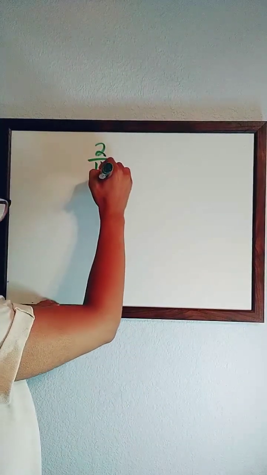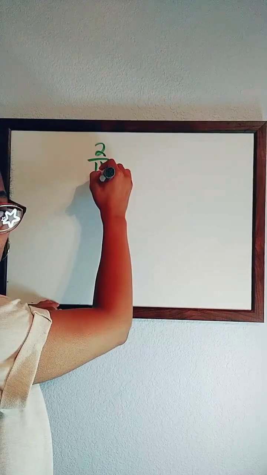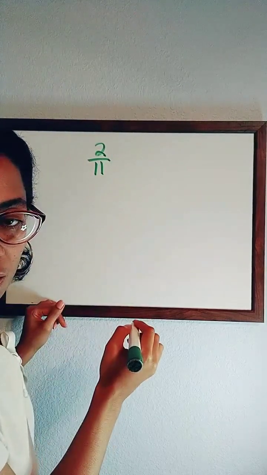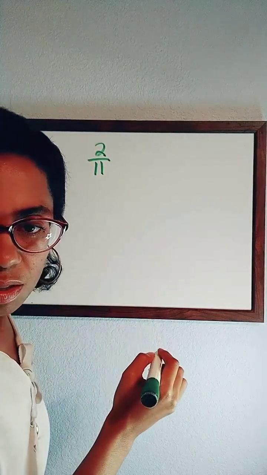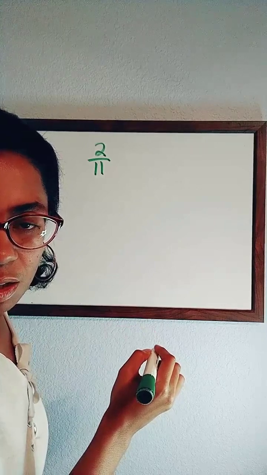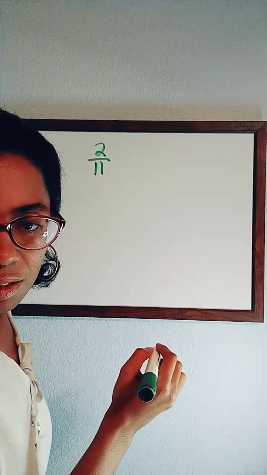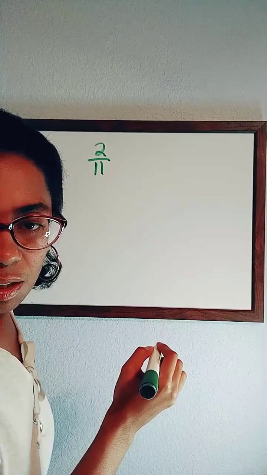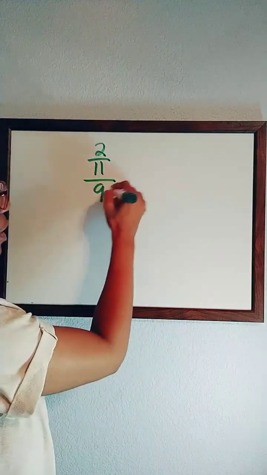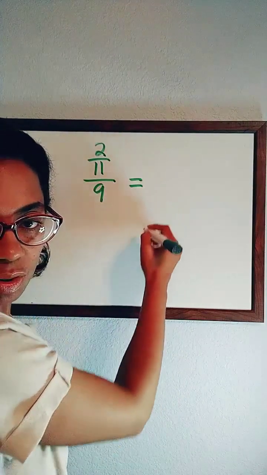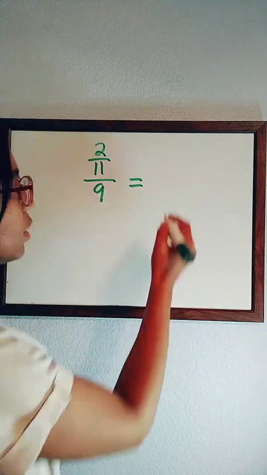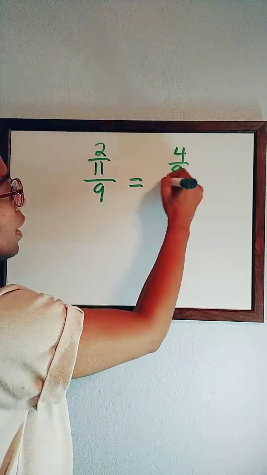Hey, Charlie. Oh, no. What if both sides have a fraction on the top? 2 over 11. Okay. And I want you to start saying 2 divided by 11. 2 over 11 on top of 9 is equal to 4 over 9 on top of x.